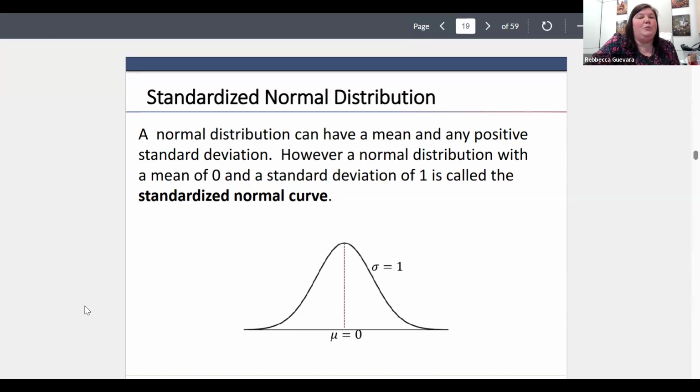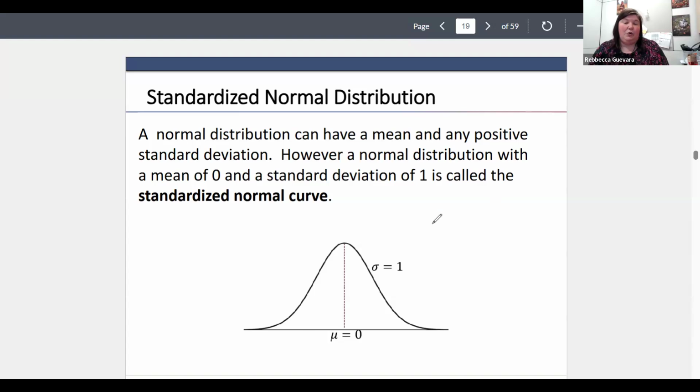A normal distribution can have any mean and any positive standard deviation. Any of them work. As long as it's a normal curve, it could be any mean, any positive standard deviation. What we're going to do is make something called a standardized normal curve. Having a normal distribution with a mean of 0 and a standard deviation of 1 is what we call a standardized normal curve. So it'll look like this.